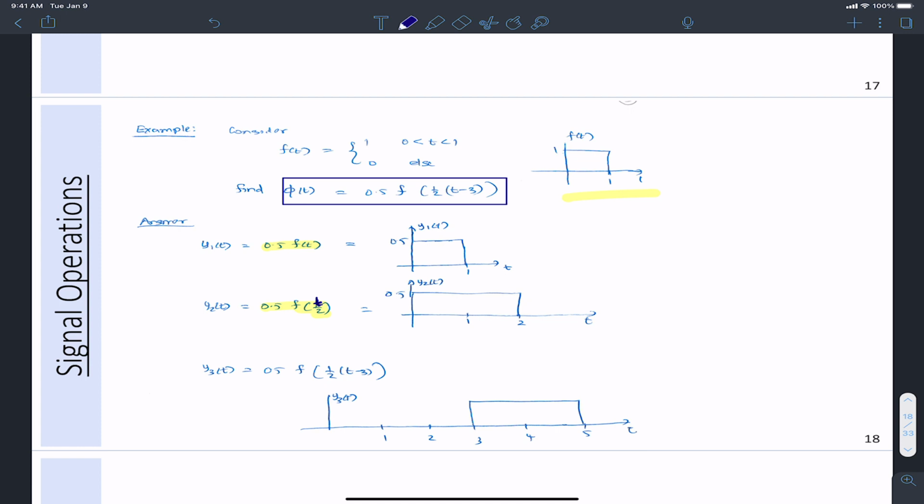And then t/2 minus 3, and we saw that it just shifts, so it shifts by 3. So from here it shifted 3 positions and then it became this signal. So that's the example of how to apply these 3 signal operations.